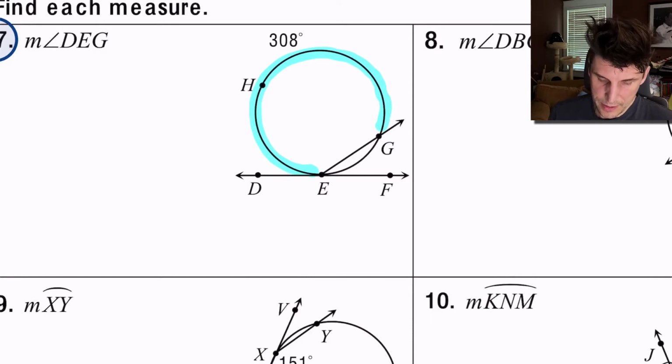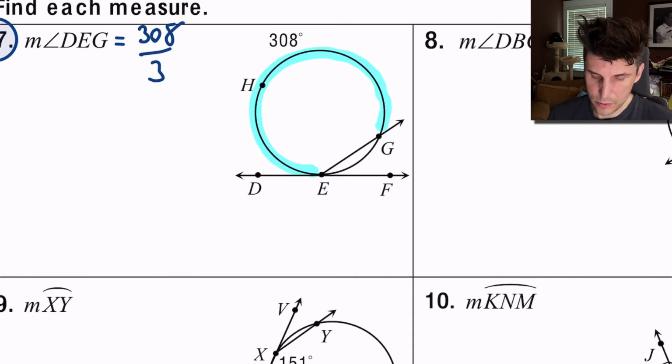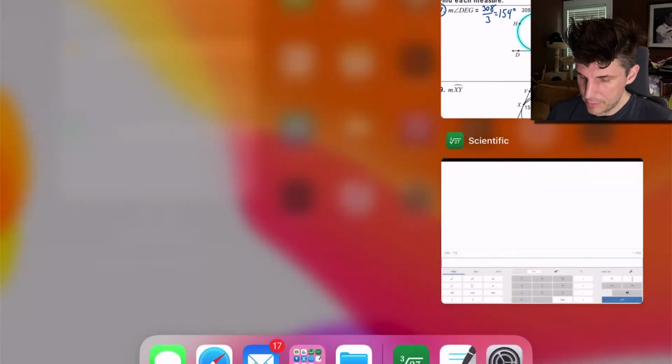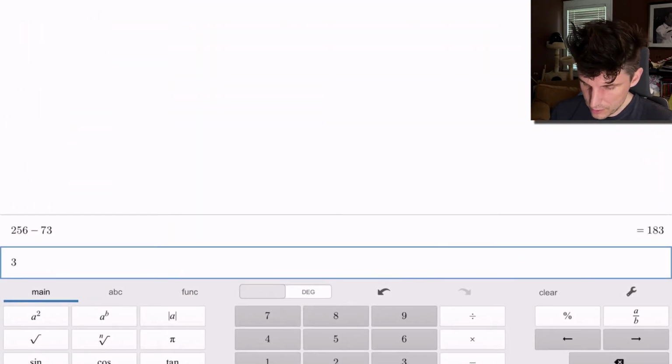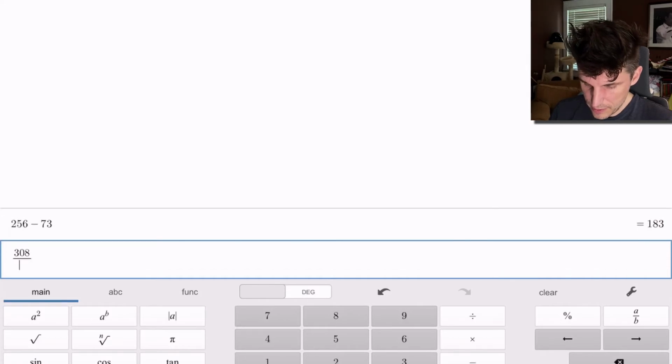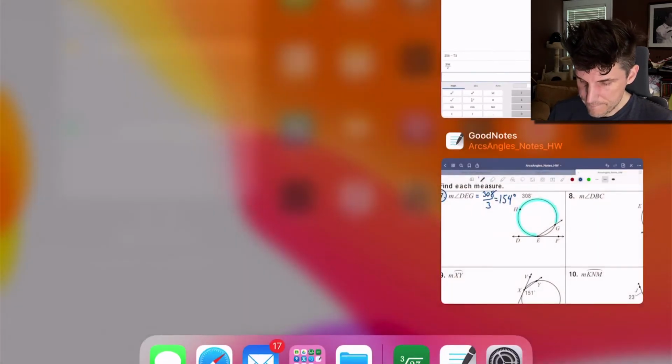So you can see that that's simply going to be 1/2 of 308. So 308 divided by 2 is equal to, 300 is 150. So it's 154 degrees. I'm just going to double check. 308 divided by 2. Yeah.